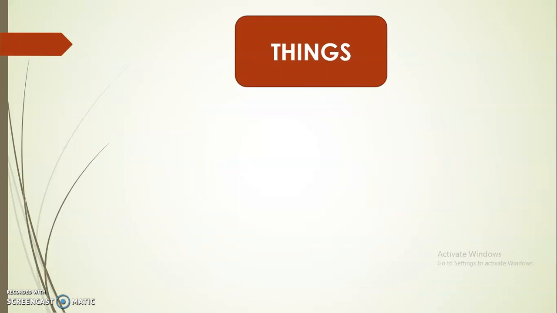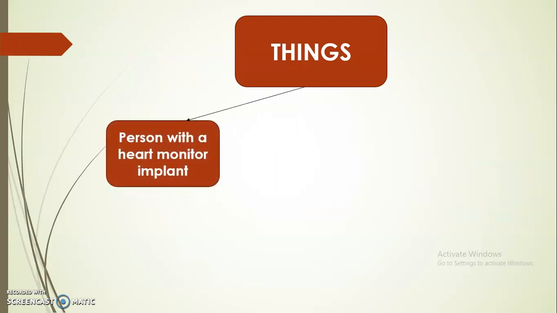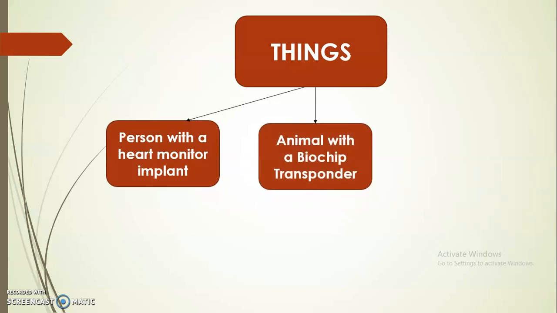Next, in the Internet of Things, the things can be a person with a heart monitor implant. It can be an animal with a biochip transponder. A biochip transponder is like a type of sensor that will measure the biological factors of an animal.